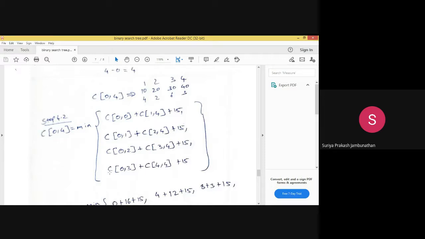Plus C of i value is 0 and 3 because k is 4, so k value is 4 and j value is 4.